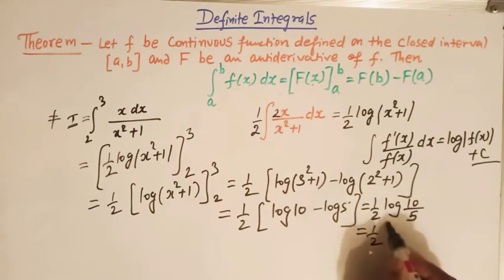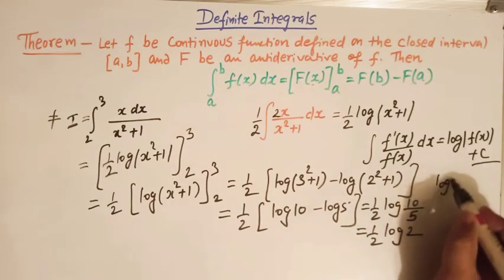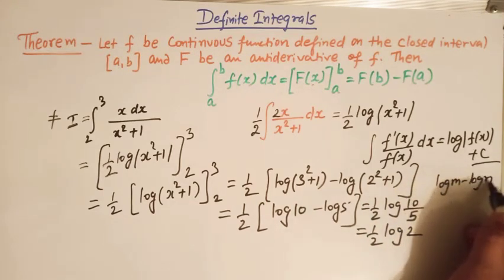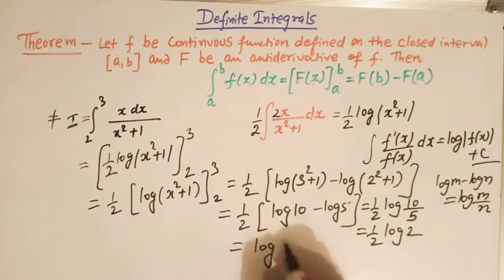So we have half log 2. Here we have used log m minus log n is equal to log m divided by n. Now half log 2 can also be written as log of square root of 2.